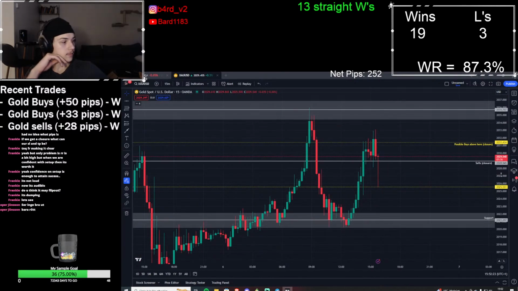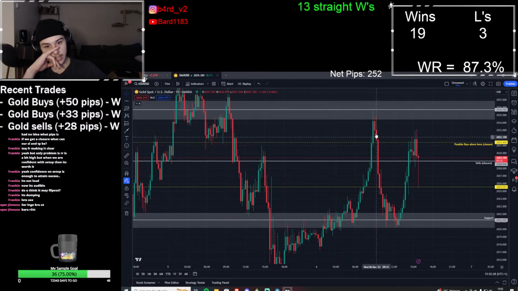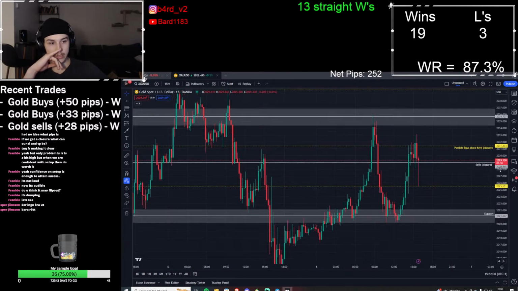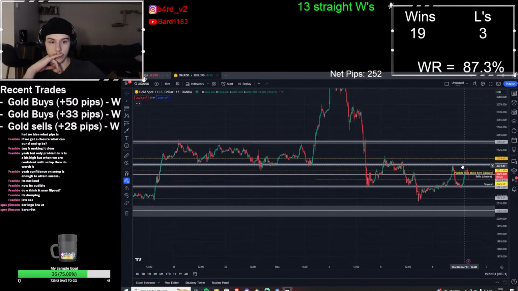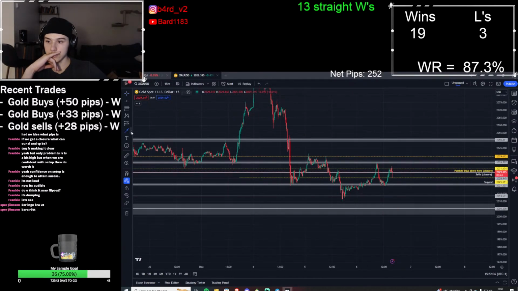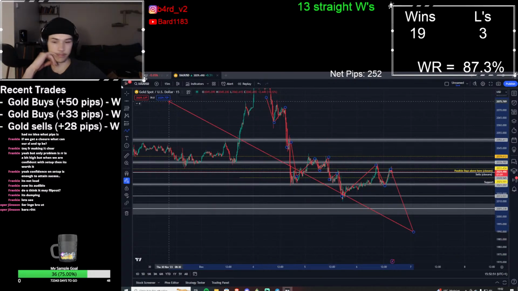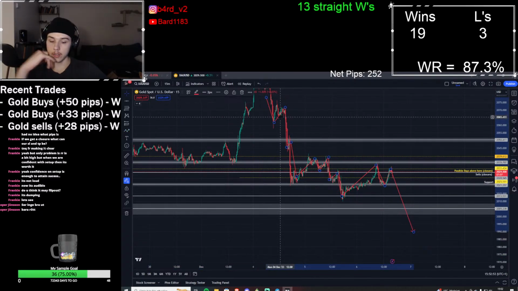Yeah. Gold is dumping right now. I mean, it dumped a little bit here, came up, but overall we're bearish, so we're very down on gold. You can see here, bearish trend, bearish trend, bearish trend. Broke structure. So yeah, we're in a bearish trend right now.